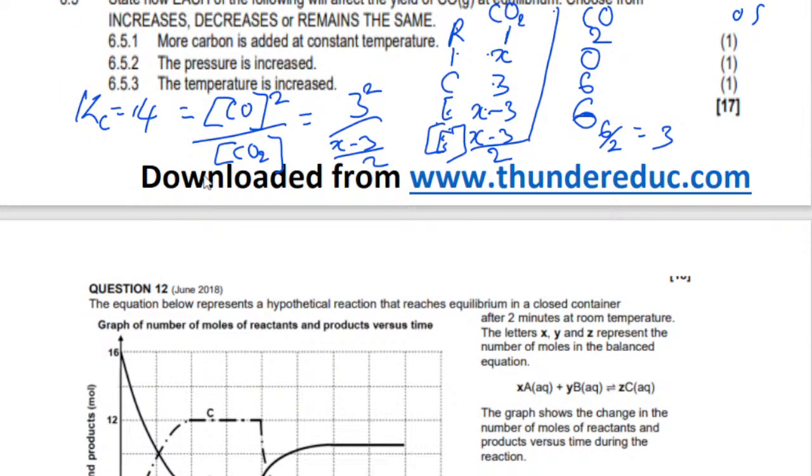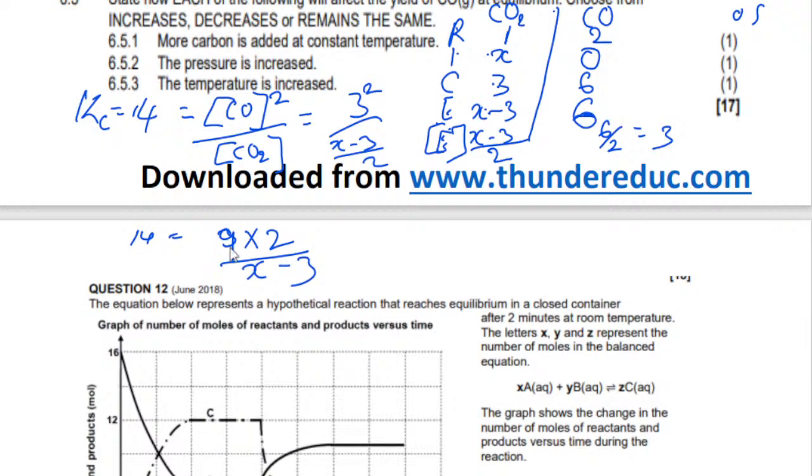Okay, 14 is equal to, I reciprocate this, and then it becomes 3 squared, which is 9. 9 times 2, I bring this one up, divided by x minus 3. You can use any method.